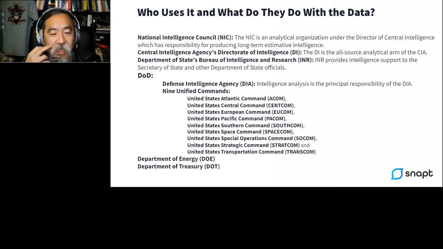So in the United States, globally, we have 9 unified commands. Atlantic, Central, European, Pacific, Southern, Space Command, which is relatively new since we now have the Space Force, which is now the 5th arm of the military. Special Operations Command, Strategic Command, and Transport Command. So all of them have their own reasons and interests in the data, and they want to look at different things.